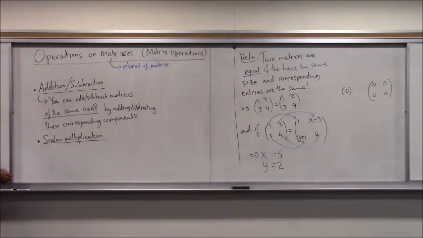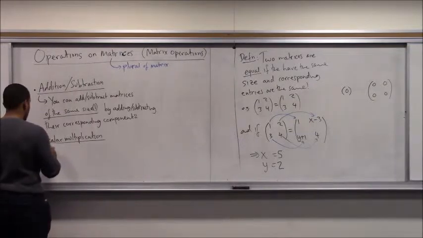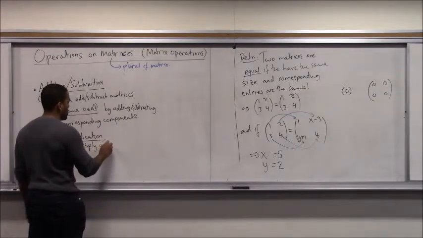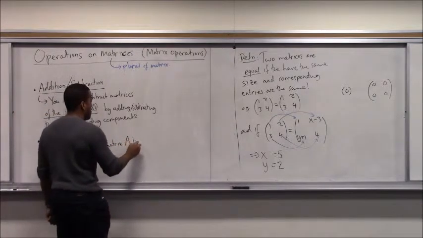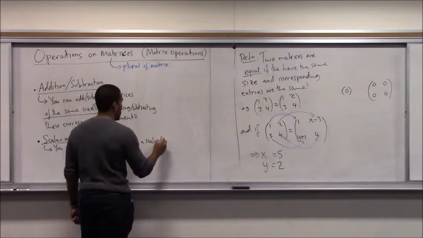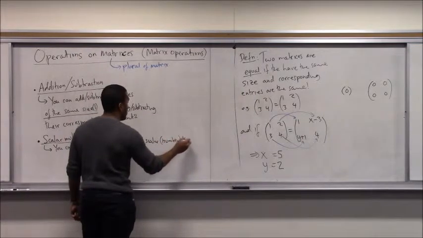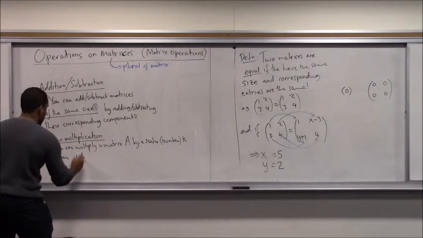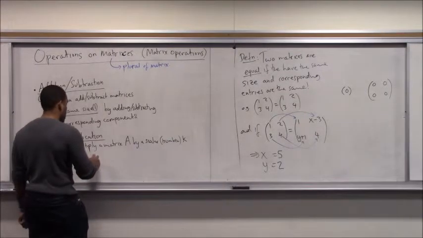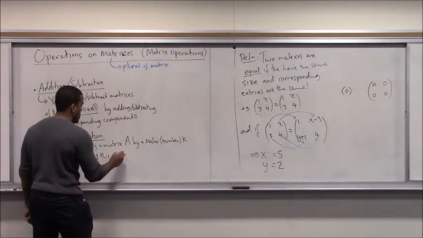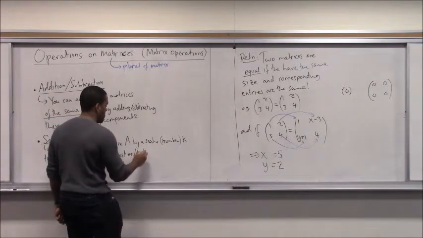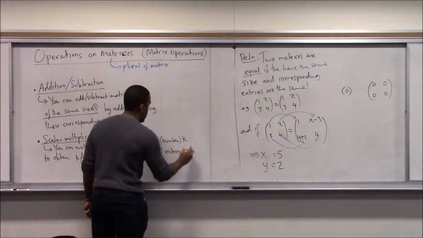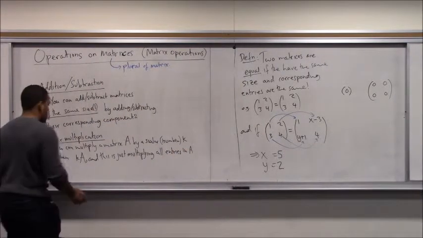Basically, you can multiply a matrix A by a scalar, which is a number, K, to obtain, and you'd actually write it down this way, KA, and this is just multiplying all entries in A by K.